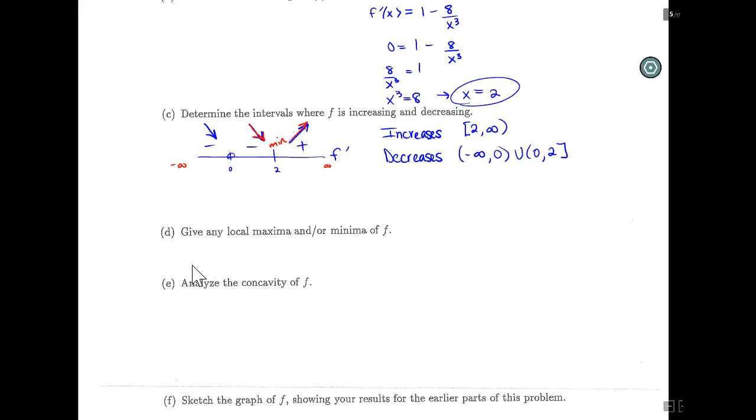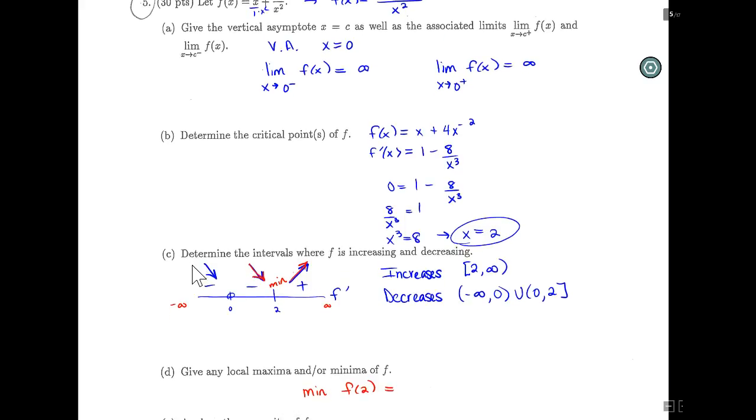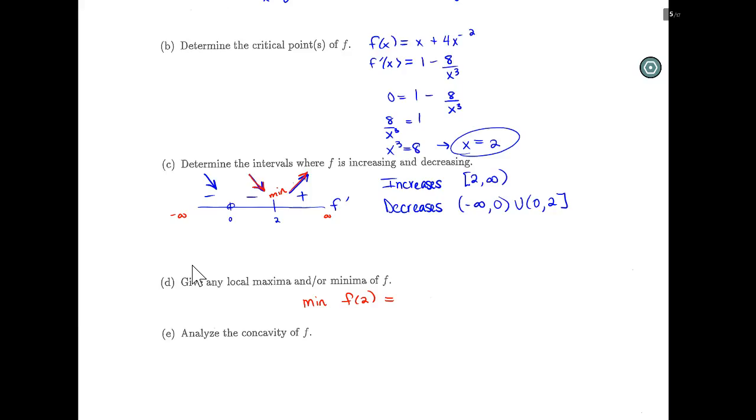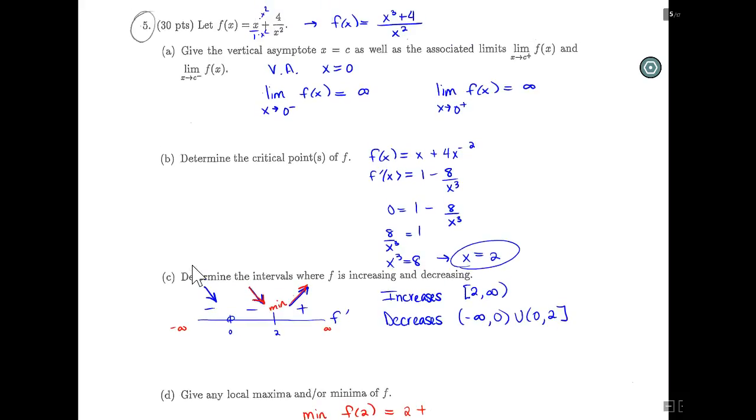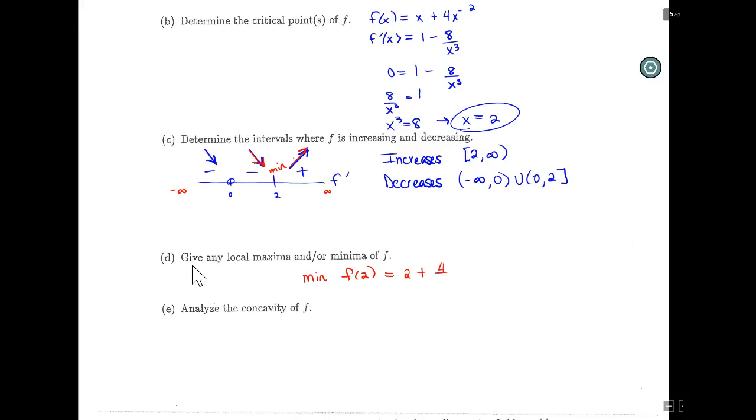So my min is going to be f of 2. Now I have to go back to the original to find the actual value. So it's going to be 2 plus 4 over x squared. So 4 over 2 squared. So that becomes 3. So f of 2 equals 3 is the min.